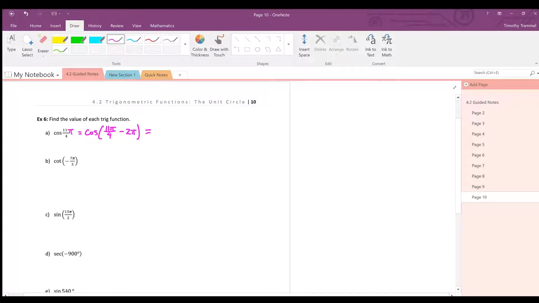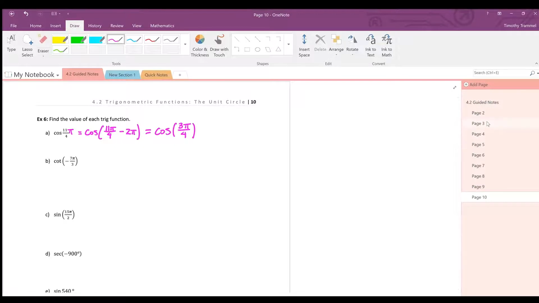But because we know that cosine has a period of 2 pi, we can take away multiples of 2 pi or add multiples of 2 pi without changing the value of the output. Okay, and so if we do this subtraction, it was 11 pi over 4 minus 8 pi over 4, that's cosine of 3 pi over 4. Okay, and now I can jump back, look at that unit circle, and see what the x-coordinate is when theta is 3 pi over 4.